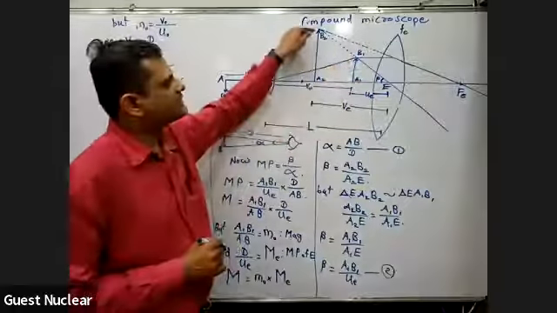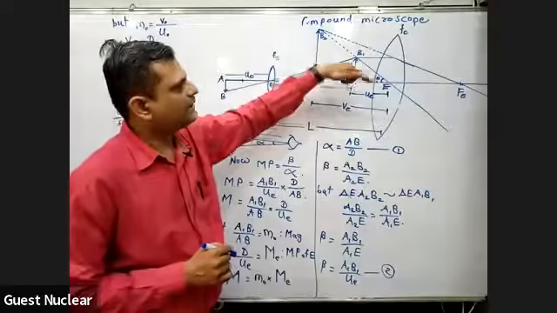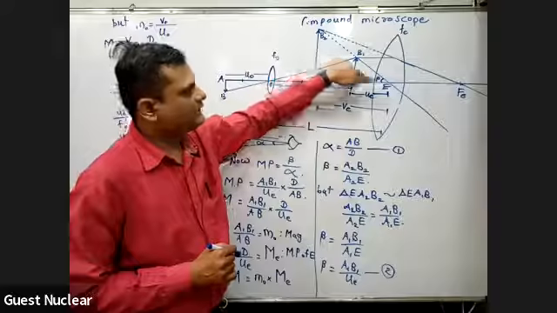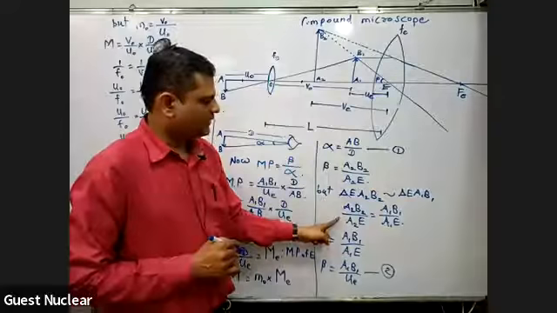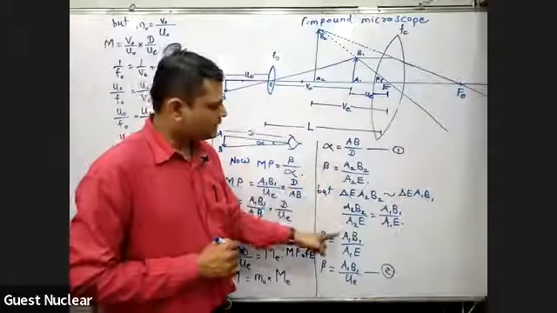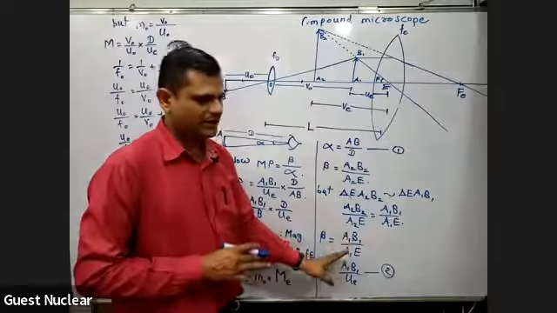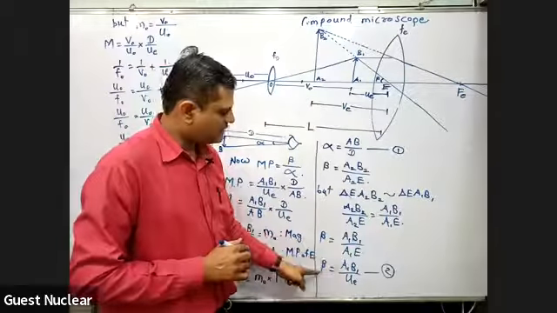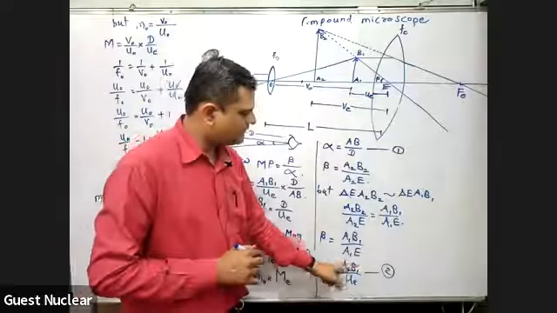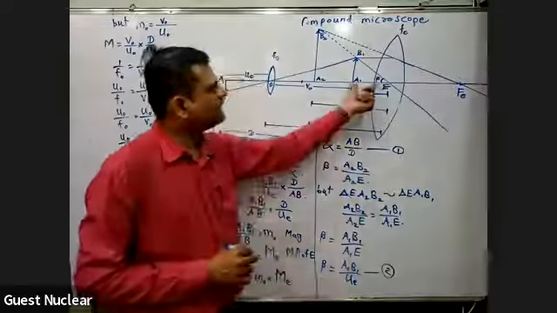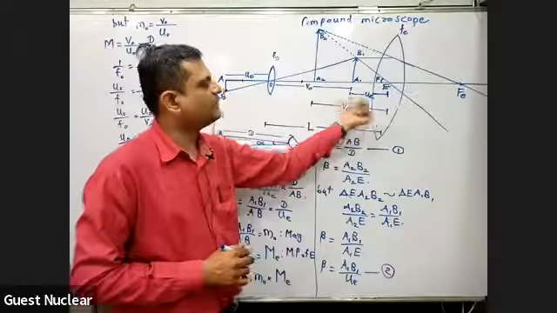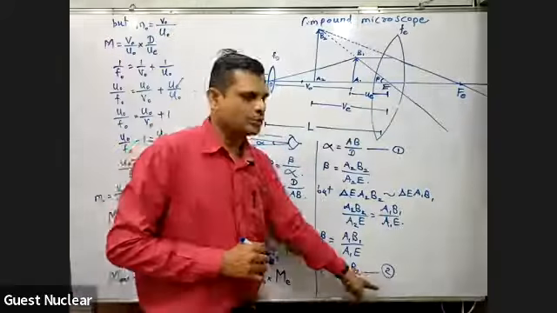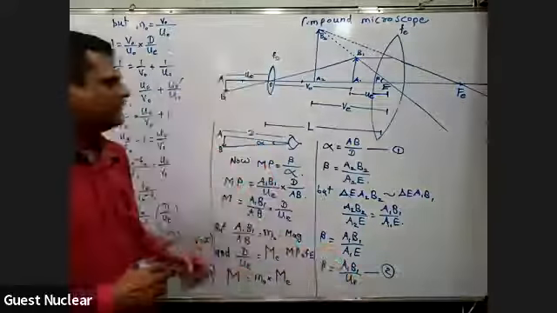That's why A2B2 upon A2E is the same as A1B1 upon A1E. So we can write beta equal to A1B1 upon A1E, and then beta is simply equal to A1B1 upon UE, because this A1E is nothing but UE. That's why this is equation number 2, in which beta is obtained.